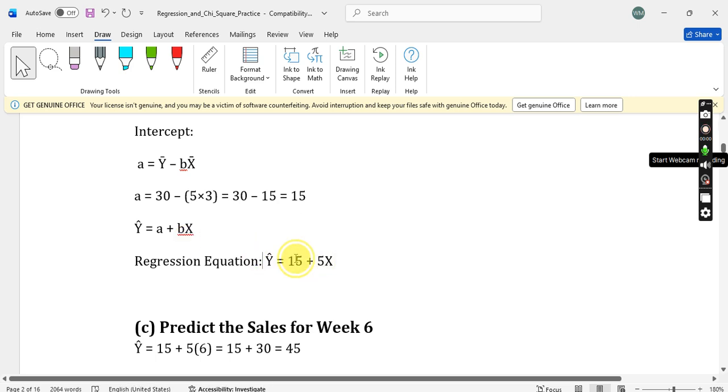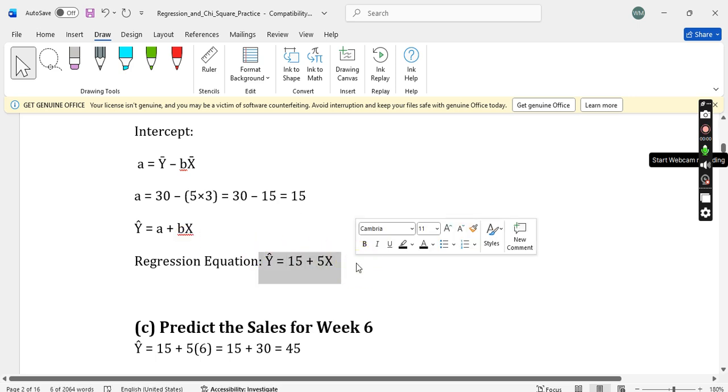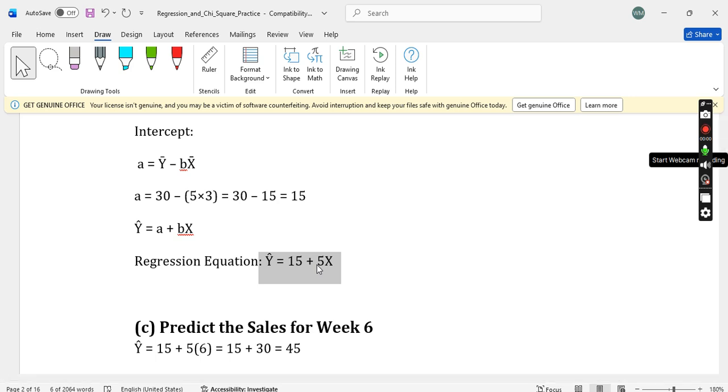So our equation is y equals 15 plus 5x. This equation is showing the mathematical relationship between the weeks and the cells.